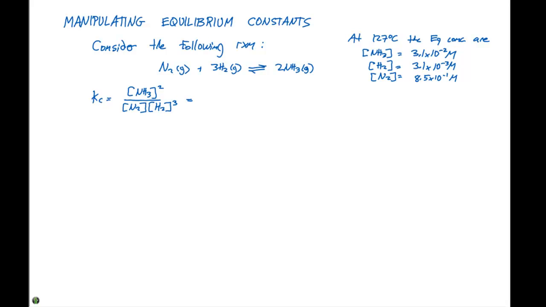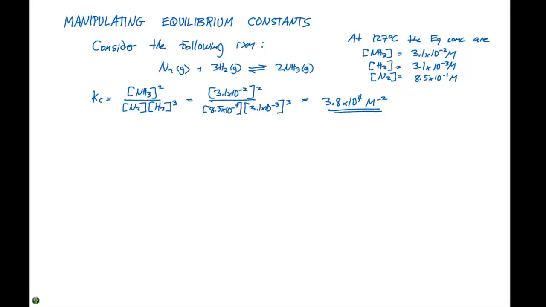If we plug the numbers in for this, we have 3.1 times 10 to the minus 2, that quantity squared, divided by 8.5 times 10 to the minus 1 times 3.1 times 10 to the minus 3, and that's going to be raised to the third power. If we multiply this out, we can determine Kc to be 3.8 times 10 to the fourth molar to the minus 2.